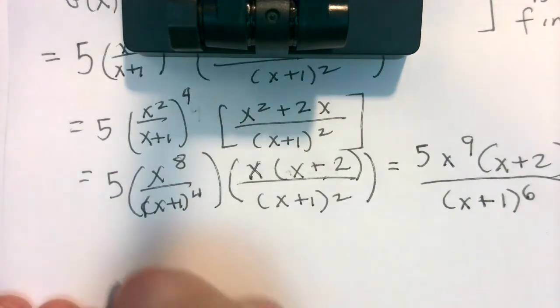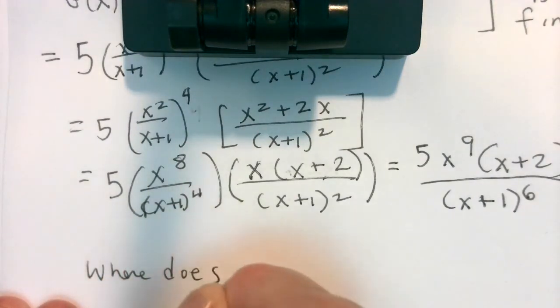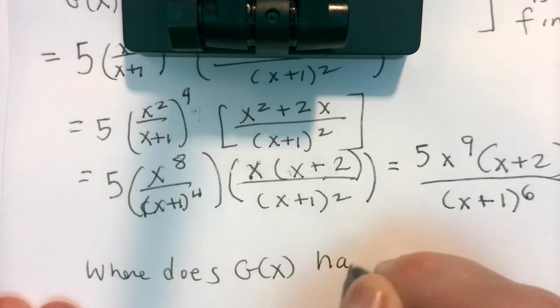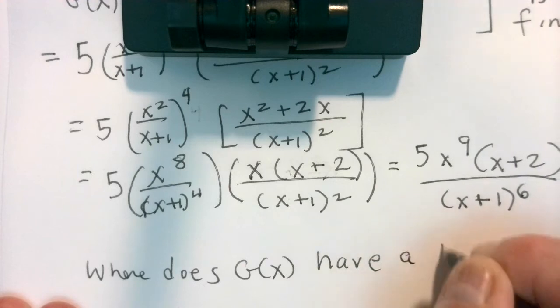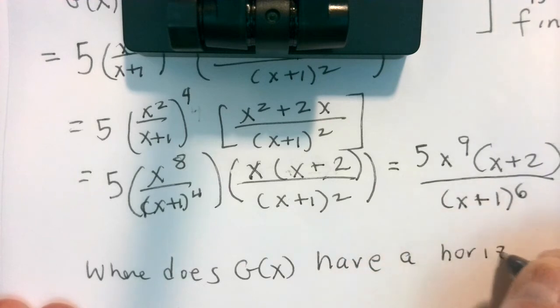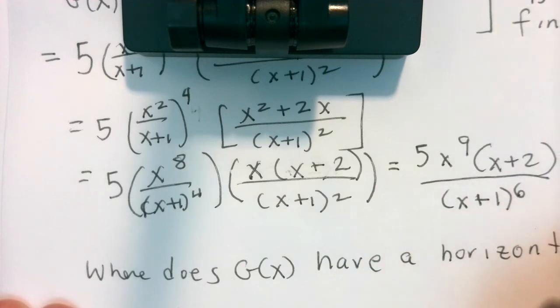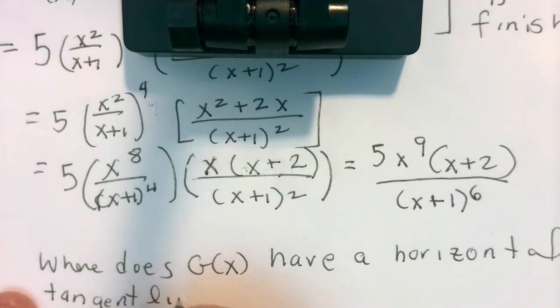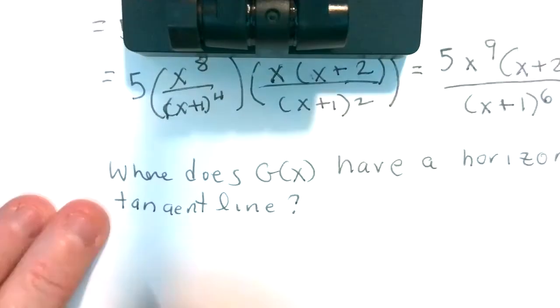And if it said, where does g of x have a horizontal tangent line? Well, since we've got it in factored form, it'll be easier for us to solve.